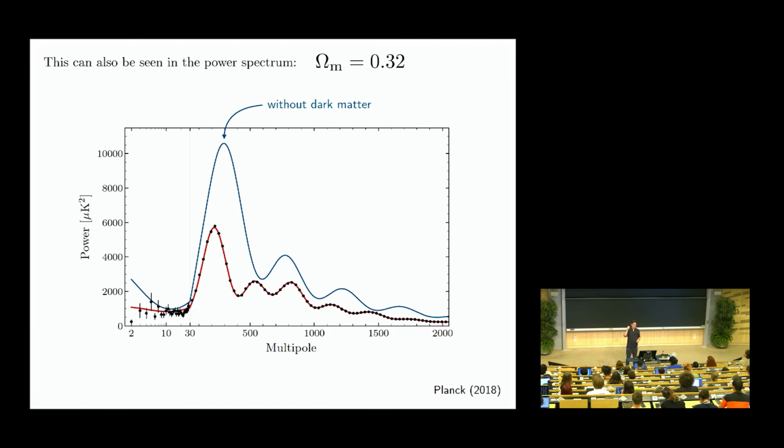If I set this omega m parameter to 0, I'm generating the blue curve, and that's not a good fit to your data points by any stretch of the imagination. So definitely we need some amount of dark matter to explain these maps, and anyone proposing that there's no dark matter has to explain this, and often they don't.